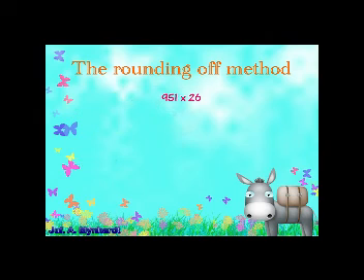Right, let's just quickly do another one of the rounding off methods because it's a bit difficult. Alright, so now I'm asking you 951 times 26. Alright, so remember, rounding off when you multiply means the next 10, not the nearest 10. Okay, so once again I'm going to break it up. So it's 900 plus 50 plus my 1 times, and then, if I close my 6, my next 10 after 20 will be 30.